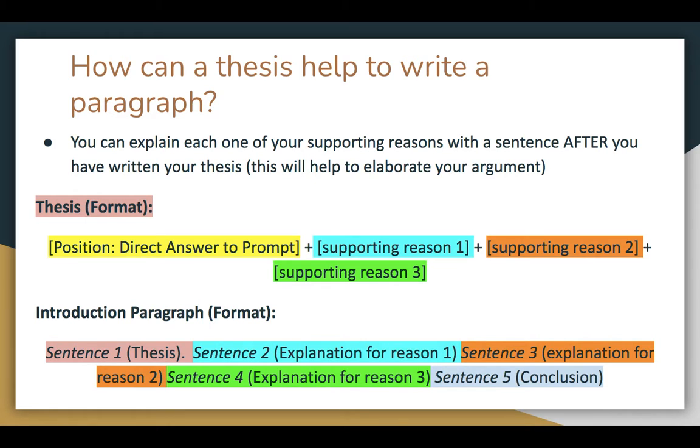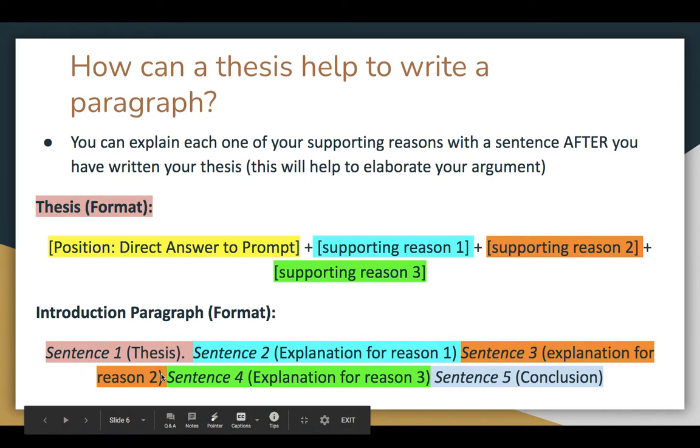So if you notice here, there's a total of 1, 2, 3, 4, 5 sentences. And so the first sentence in this format will be your thesis, which would be this top part. Your second sentence will be an explanation for reason 1. So you're going to take this reason and write a sentence about it. Your sentence number 3 will be an explanation for your second reason.